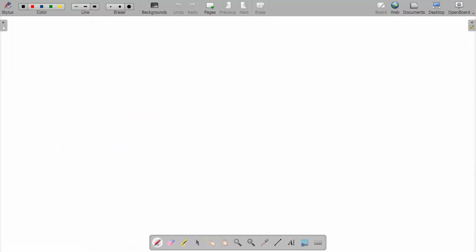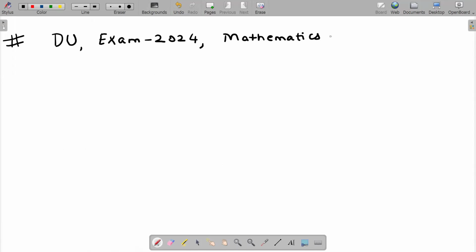So I'm just writing the main heading for completeness. This is Delhi University, Exam 2024. Name of the course is Mathematics for Business Economics Part 1.